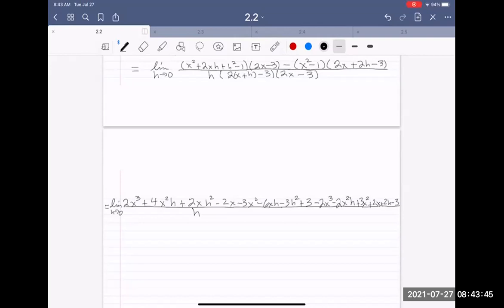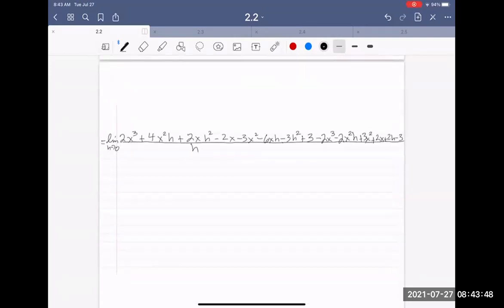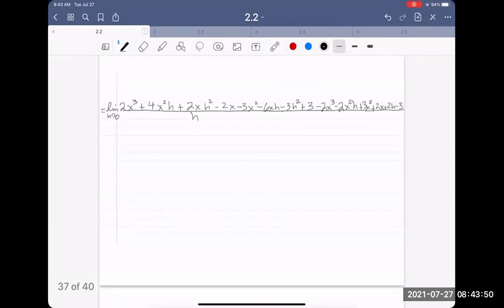Minus 3. Okay, so now I'm going to have cancellations. It's not going to nearly be, it's big. Hopefully I can cancel several terms here, so it won't be nearly as long. 2x cubed, minus 2x, minus 3x squared, and then the 3.